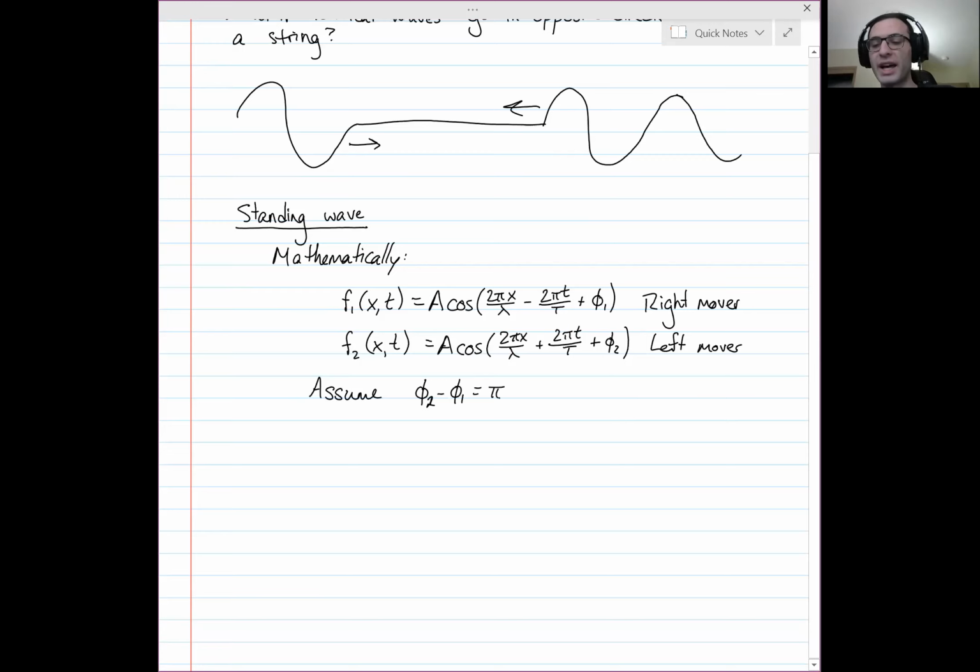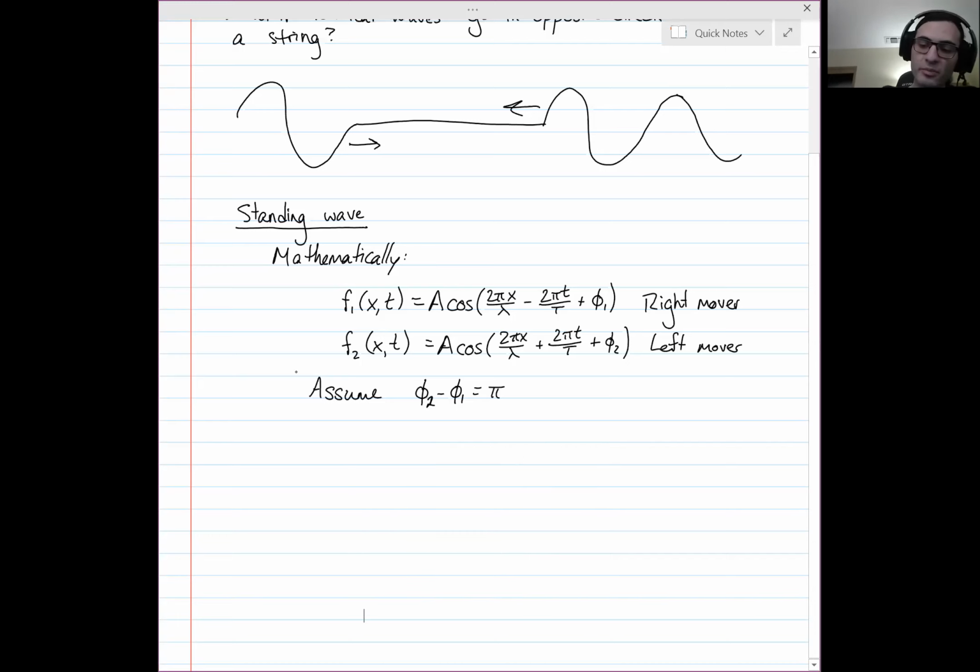That means that if you plug in x and t equals 0, F2 will be pi further along in its oscillation than F1 is. What that means is it starts out destructively interfering because pi is precisely 1/2 of an oscillation. So while one might be at a peak, the other one would be at a trough because that's precisely 1/2 later.